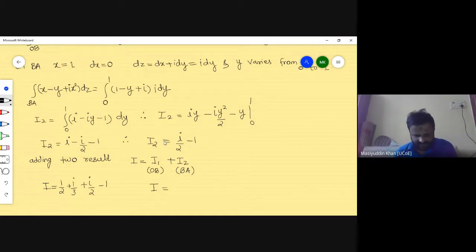Just simplify and you will get the result. So you can see that is 1/2 minus 1.